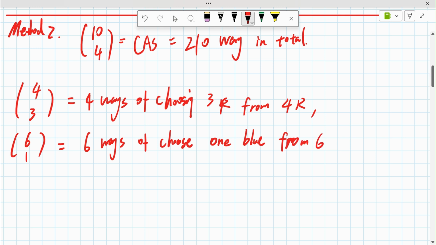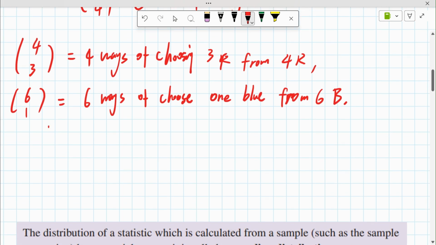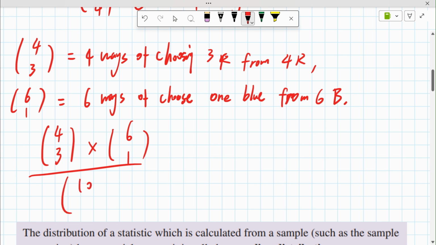So in total, it will be 4 red balls choosing 3 multiplied by 6 blue balls choosing 1, divided by 10 choosing 4 in total.